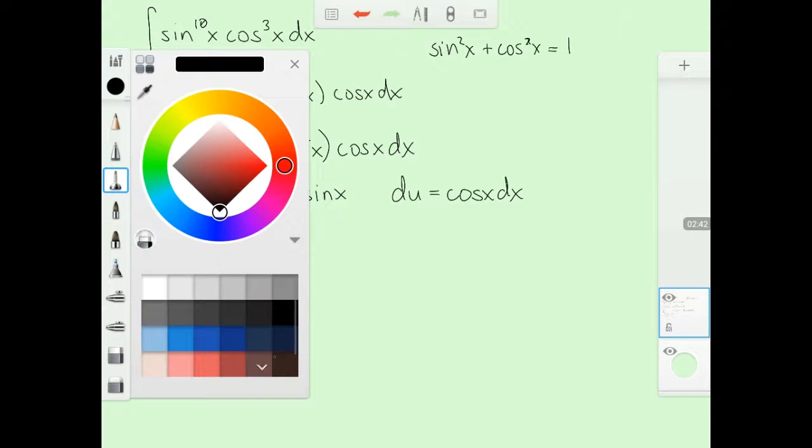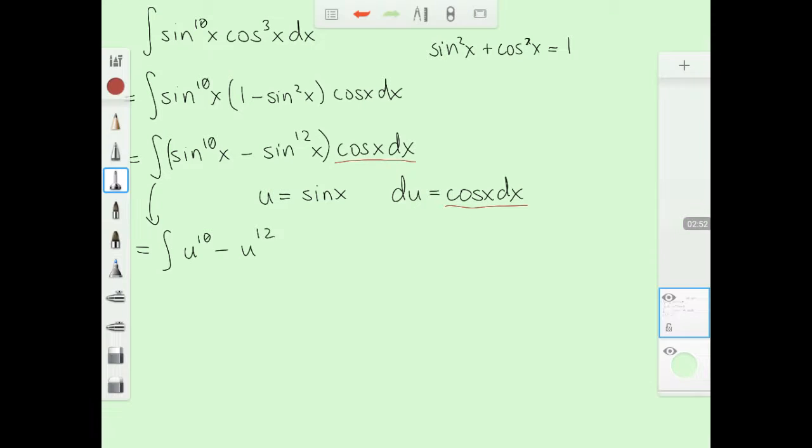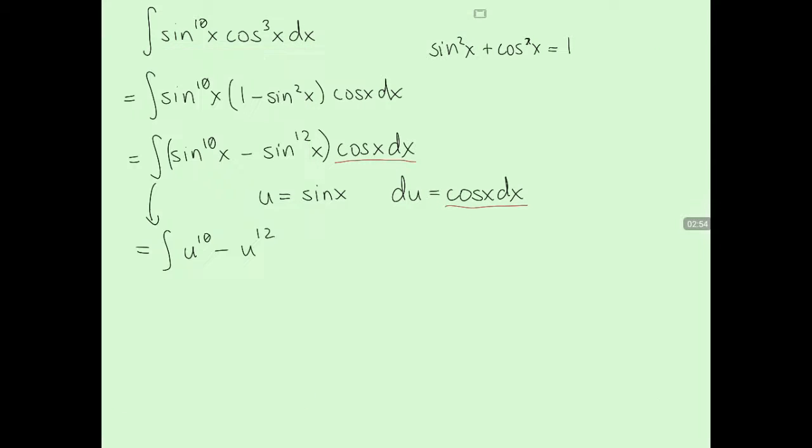And now notice that our goal, which is to write the integral in terms of u, has succeeded because now we can replace cos x dx with du. So we have our integral now in terms of u.